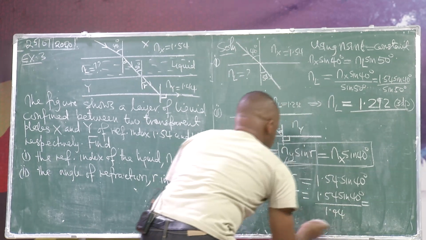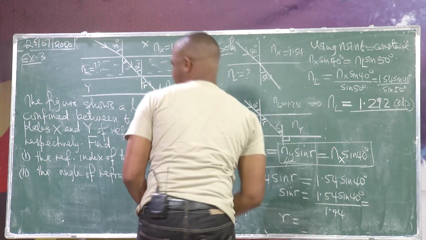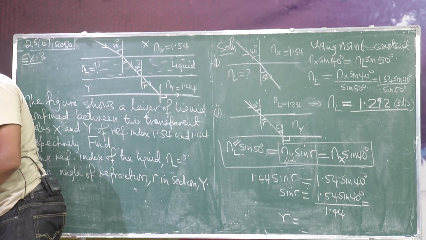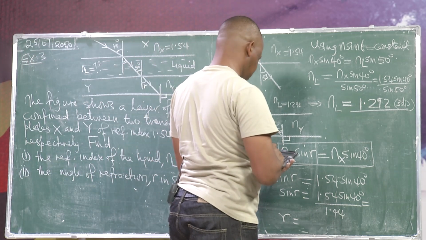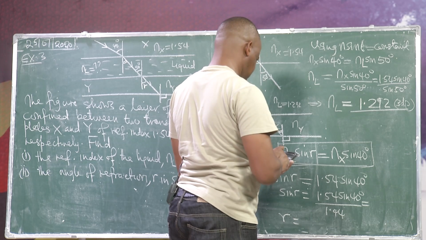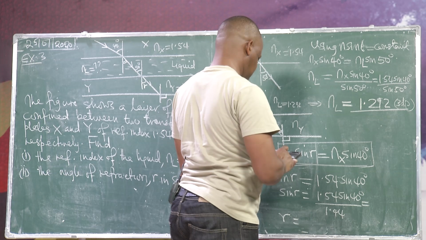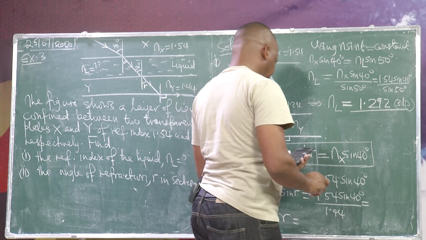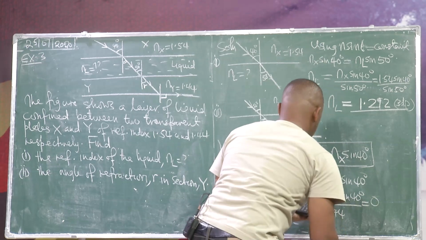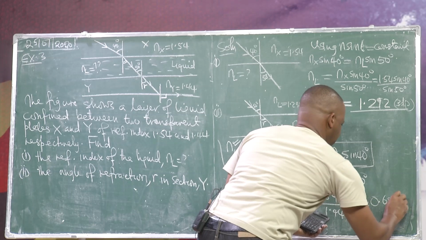And when we compute to find the value of r, we shall find the value of r being obtained from the arc sine. This gives us a value of 0.68742.